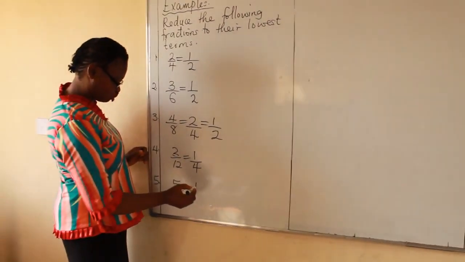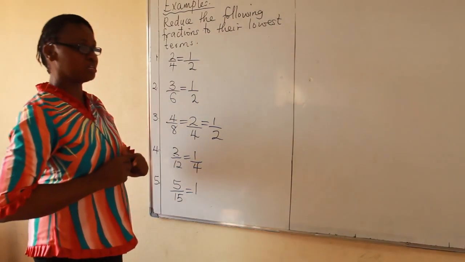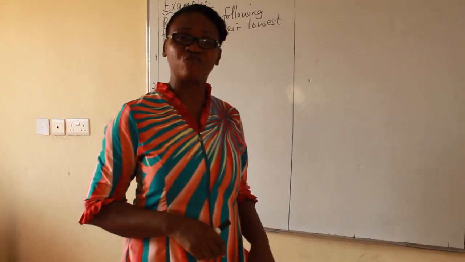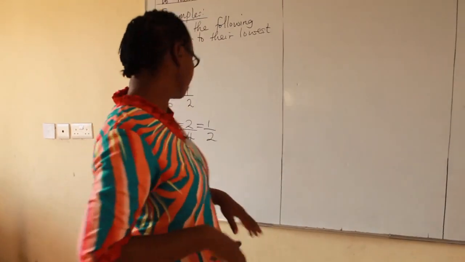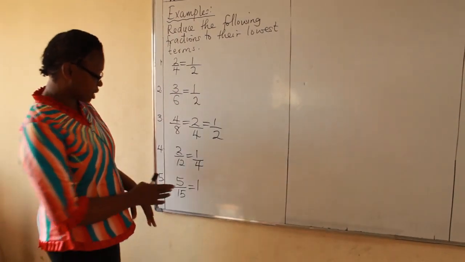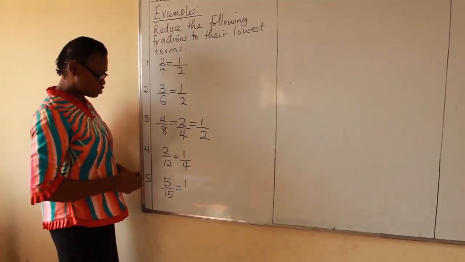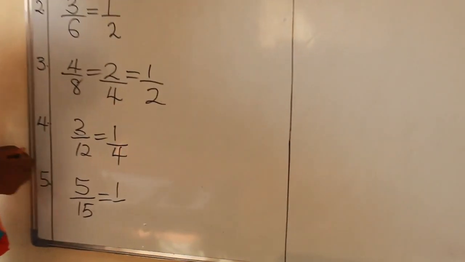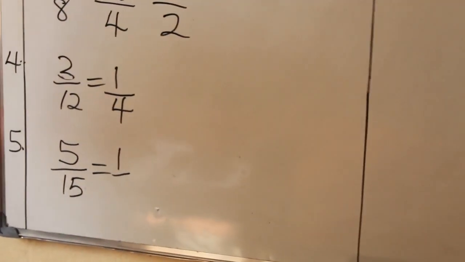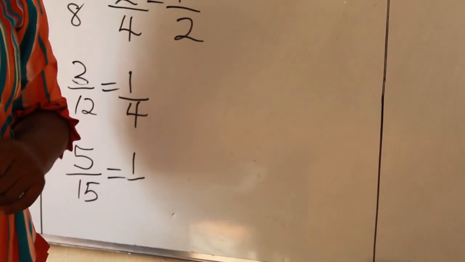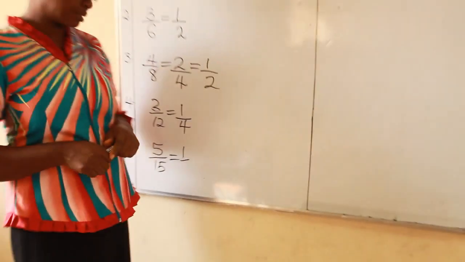1. You share 5 oranges and give to 5 persons or to your 5 friends. One person will take how many? It's just 1. So you write down your 1. And then you put your dividing line. You're asked to share 15 apples to 5 persons.